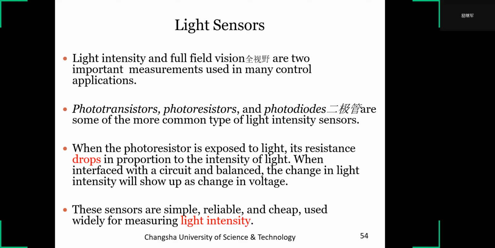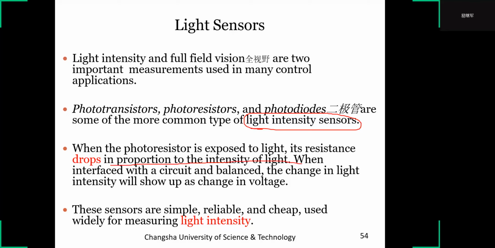Light intensity. When the photoresistor is exposed to light, its resistance drops in proportion to the intensity of light.